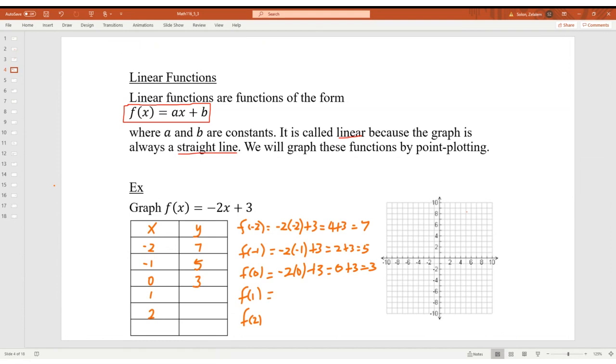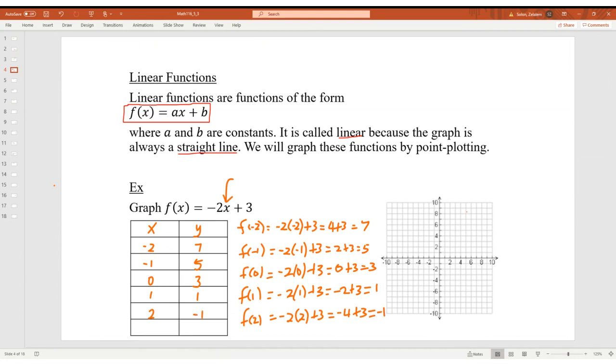Just plug in 1 into negative 2 times 1, because we have negative 2x, plus 3, which is negative 2 plus 3, which equals 1. The next one is negative 2 times 2 plus 3, that's f of 2. Negative 2 times 2 is negative 4, plus 3 will be negative 1.